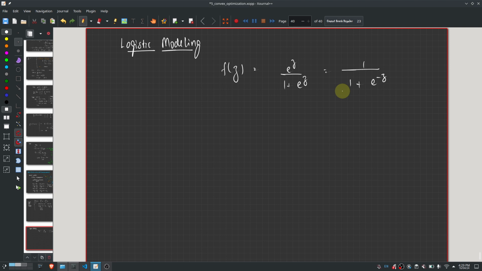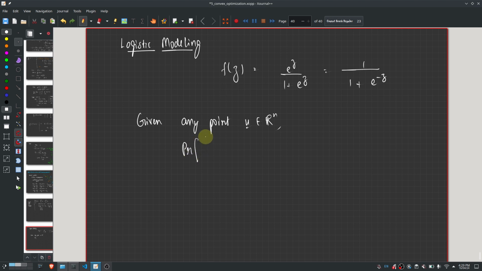So let us consider the following data generation process, wherein given any point u in R^n, suppose that I have two classes, let's call them 0 and 1.